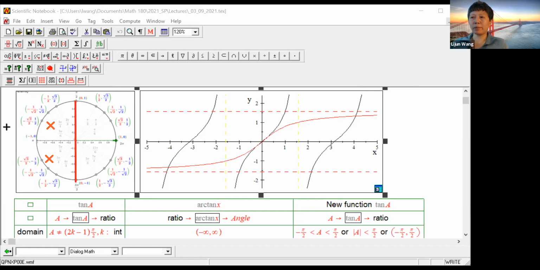It's only from negative pi over 2 to positive pi over 2. You see, it's less than. Do you guys see that? And for sine it's less than or equal. There's some minor difference, and all these differences are decided by what? All these differences are decided at the moment of definition. You don't need to look elsewhere.